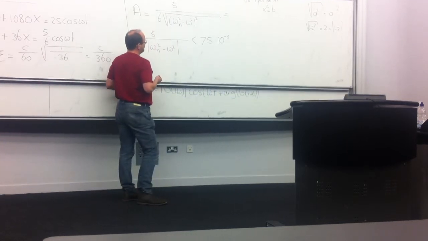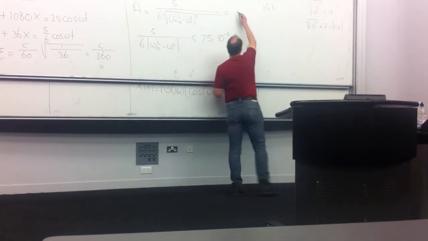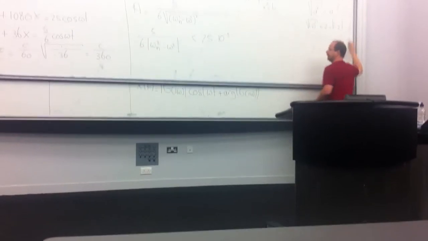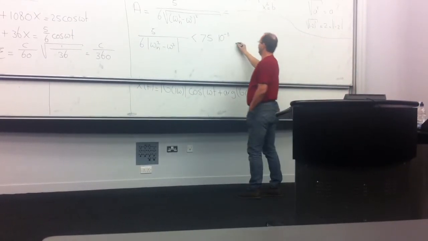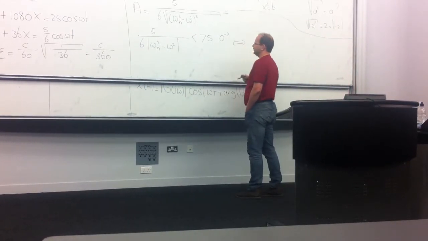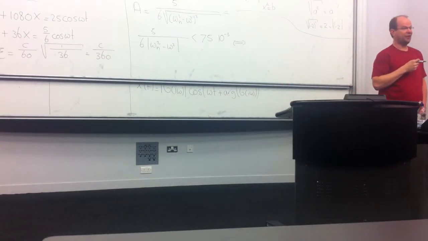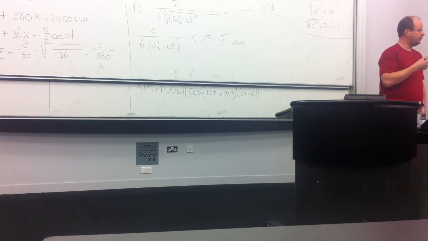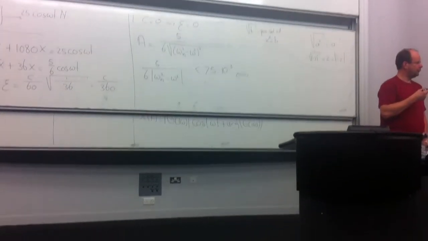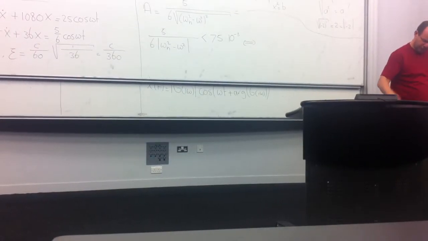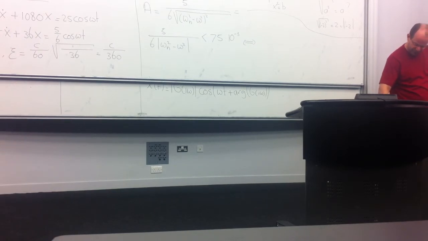Okay, so we want to solve this inequality. What I'm first going to do is make the modulus of omega n squared minus omega squared the subject. That's the question in the notes: you want the steady state response to be less than 75 millimeters. That's page 262 of the notes.